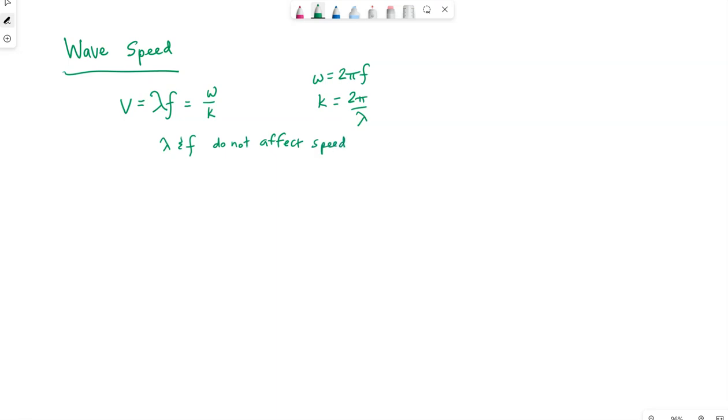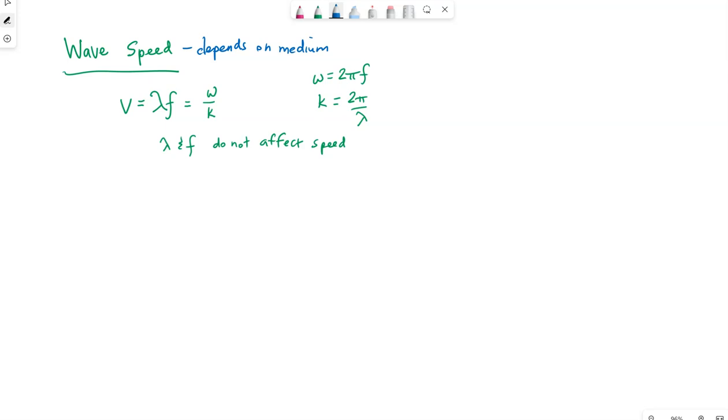So we can calculate the speed of a wave knowing both wavelength and frequency, but if we change wavelength or frequency, we are not in turn changing the speed of the wave. So wave speed always depends on the medium the wave is traveling through, and it depends upon what type of wave we're talking about.